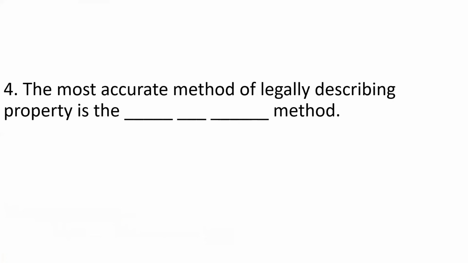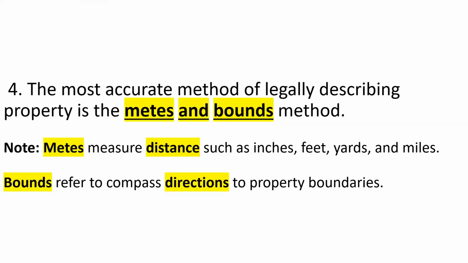Number 4, the most accurate method of legally describing property is the blank, blank, and blank method. Well, that is the metes and bounds method. Please keep in mind, metes refers to the distance, such as how many inches, how many feet, how many yards, or even how many miles.